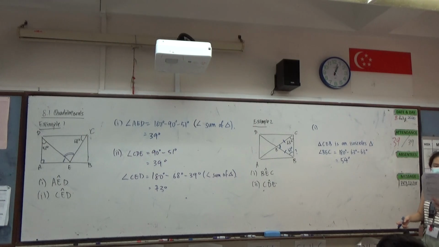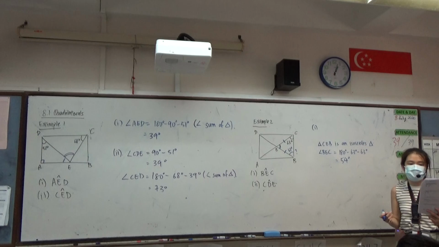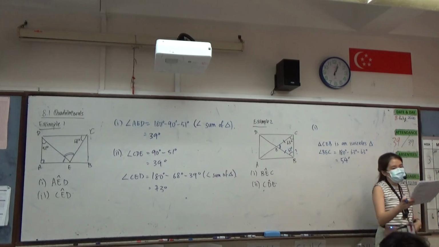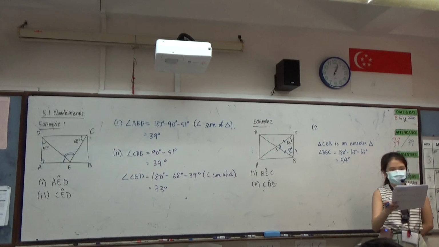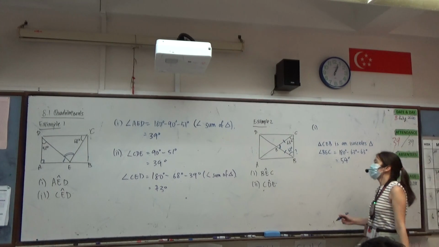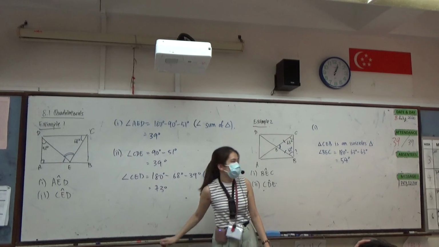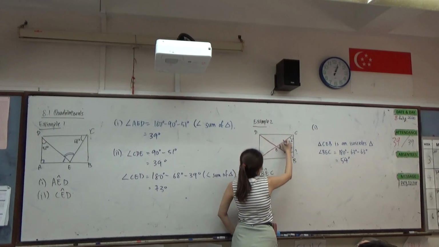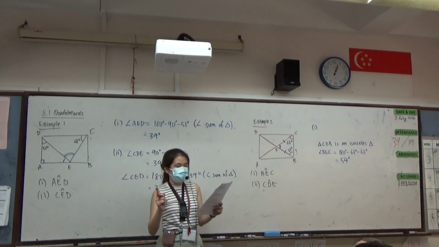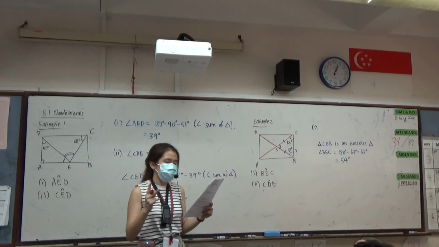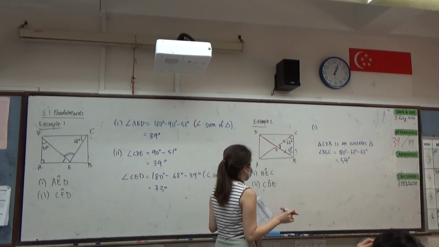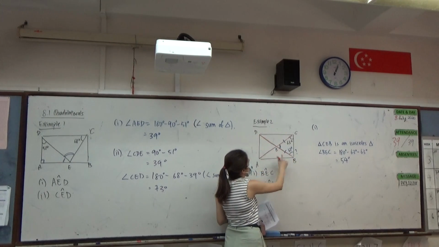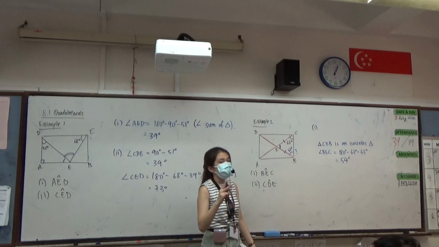Okay, so let us refer back to our rectangle information. In the very first row, when we look at rectangles, it says that diagonals are equal in length. That's the first point. Diagonals being equal in length would mean that the length of BD is equal to AC. The second point says that diagonals bisect each other. What that means is that BD cuts AC into two equal parts.